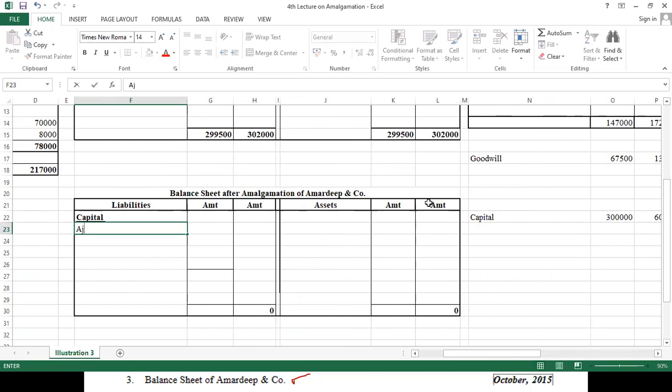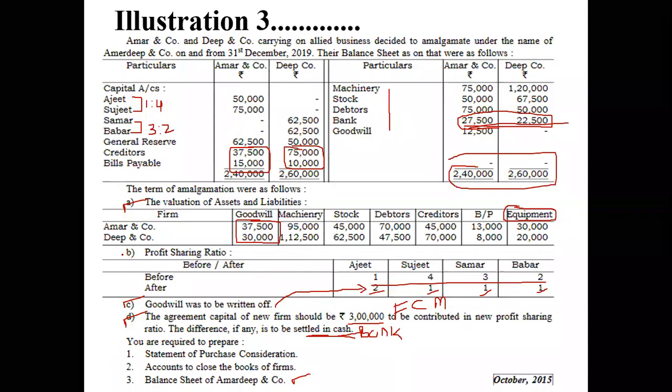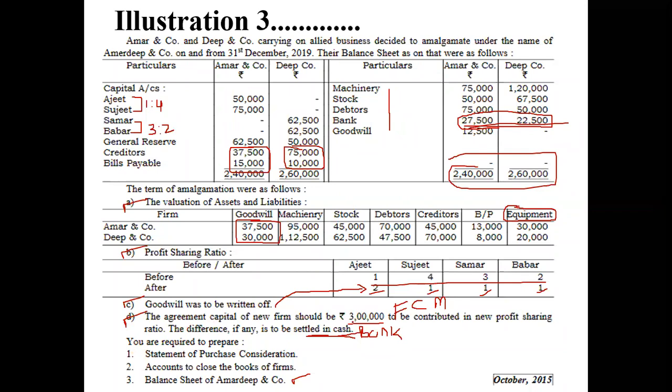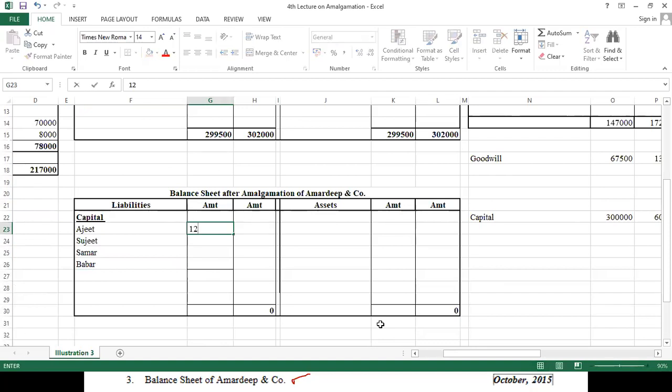So capital we have अजीत, सुजीत, समर और बाबर, ठीक है। And we got a fixed capital which we have calculated from point number d. Point number d से हमने calculate किया था, क्या किया था कि 3 लाख rupees fixed capital हमने लेकर जाना है। So here capital is 1,20,000, 60,000, ठीक है, and 60,000 for Babar and Samar, ठीक है.